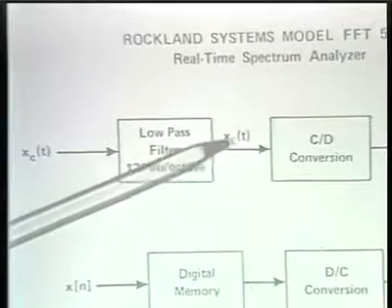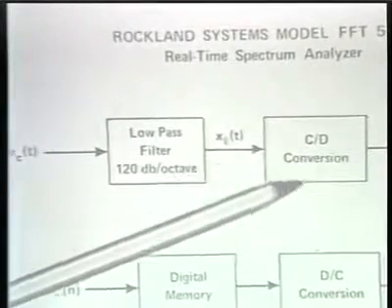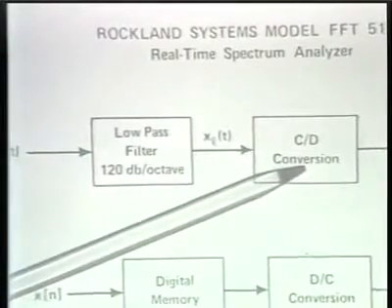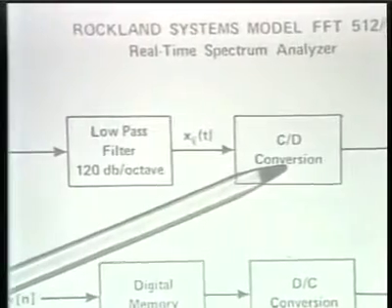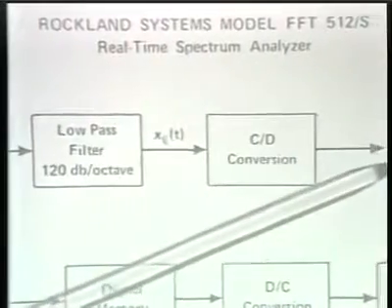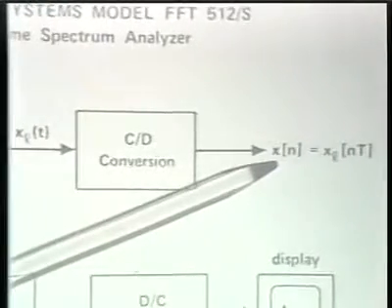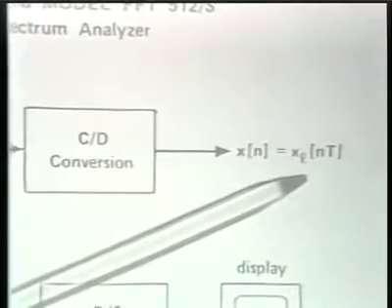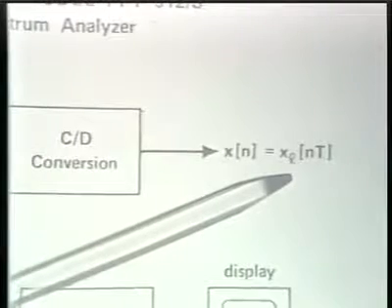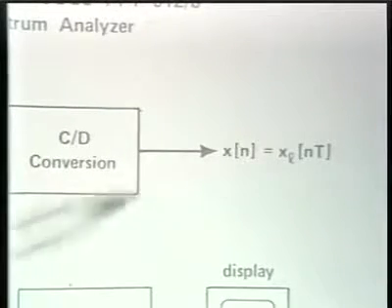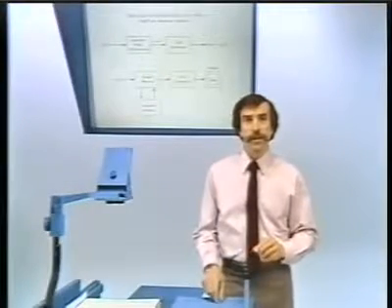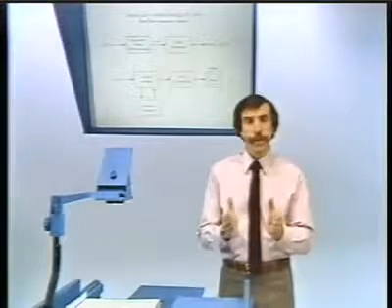And this low-pass filtered waveform is then converted to a sequence. And so a sequence is generated for which the sequence values are simply samples of the low-pass filtered input. This low-pass filtered input is then put into digital memory.